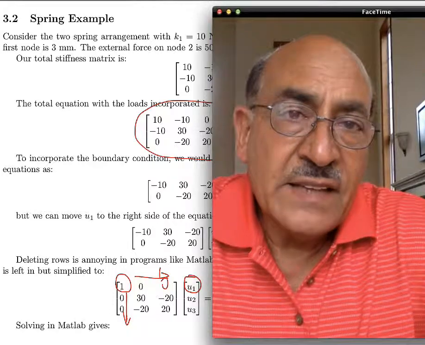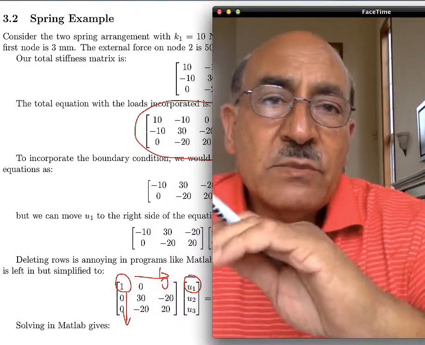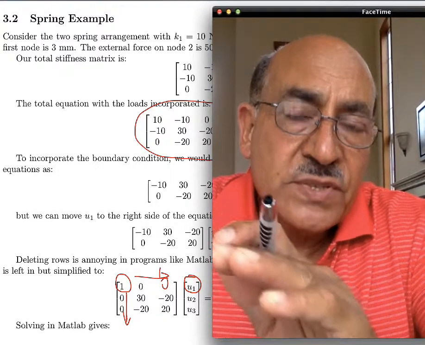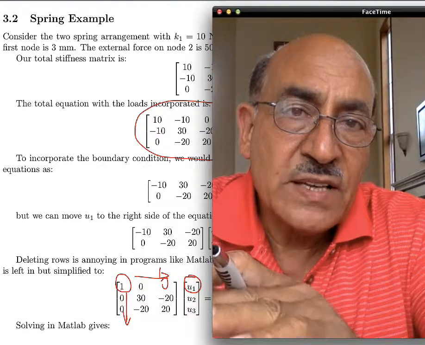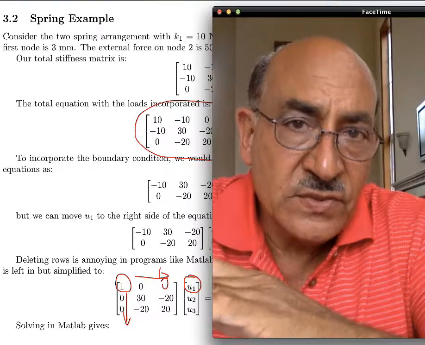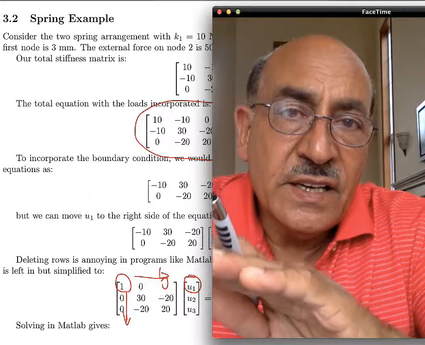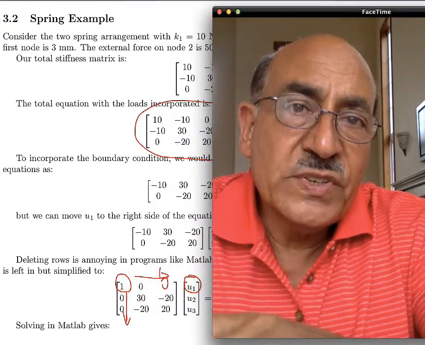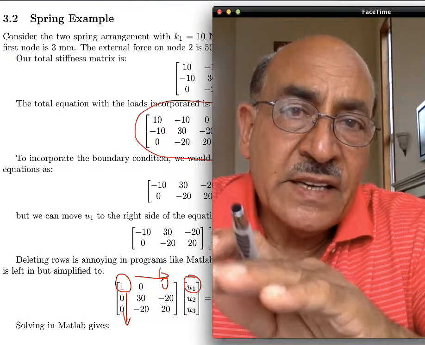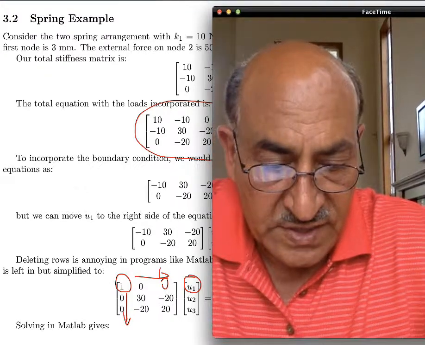Once we decide that, the displacement boundary condition makes it a little bit complicated, because we have to find the equivalent forces to that displacement. The process is that we put the known displacement on the row that is assigned to it, and then move it to the other side, which is a force equation, by multiplying it by the corresponding elements in the stiffness matrix, as we did here.